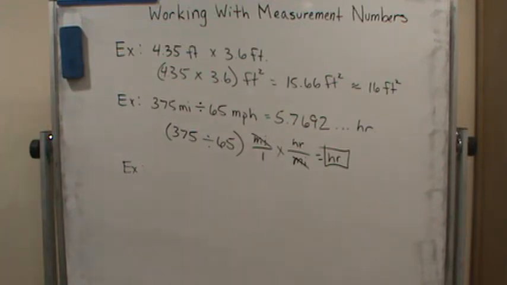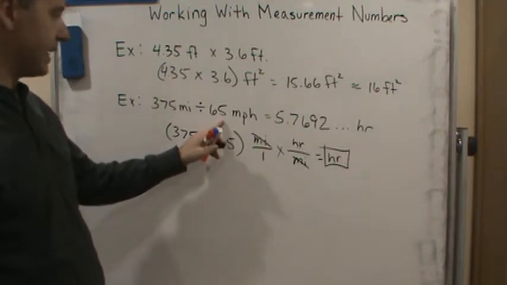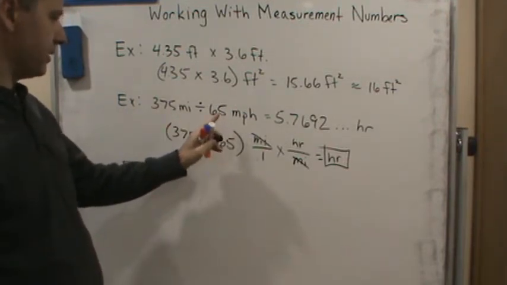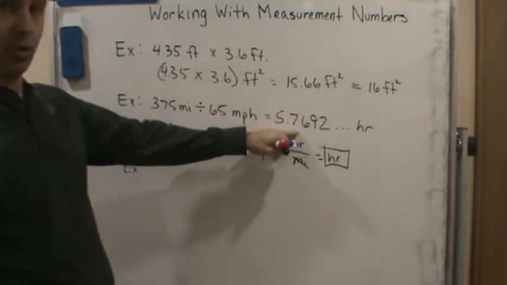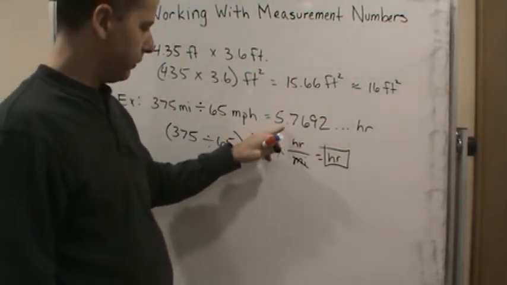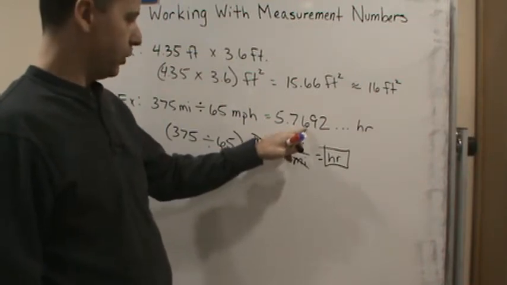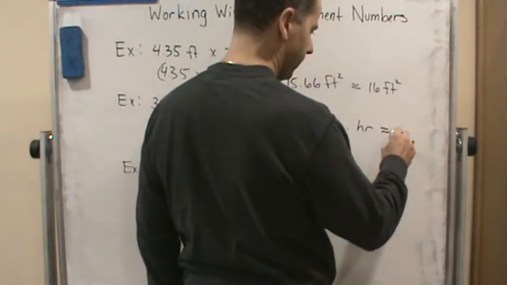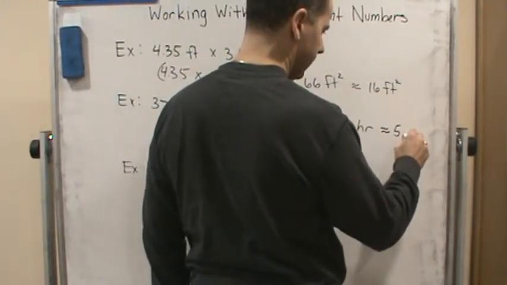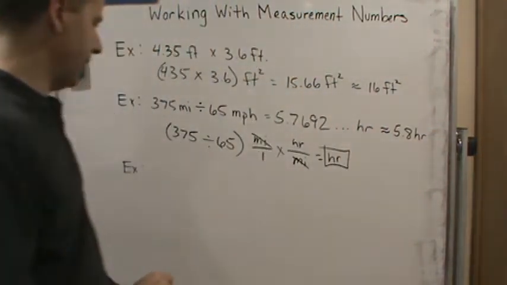Okay, good. Now, I want 2 significant digits though, right? Because again, the least accurate number is the 65 miles per hour. So I want mine to have 2 significant digits, which means I'm going to round to the nearest tenth of an hour, which means I'm going to round it up to approximately 5.8. So this is approximately 5.8 hours. And that's the answer.